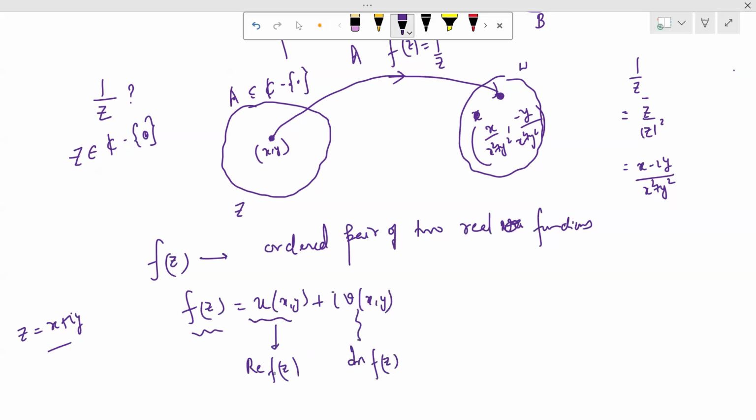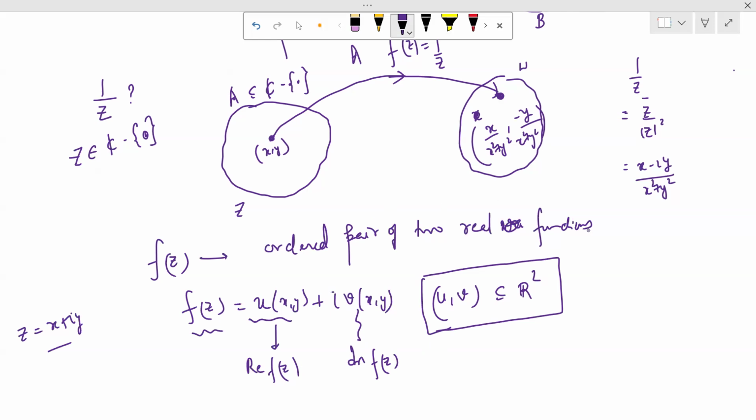Both the real part and imaginary part of f(z) are contained in R square. So this (u, v) is contained in R square. Is that clear? So f(z) is nothing but an ordered pair of two real valued functions.